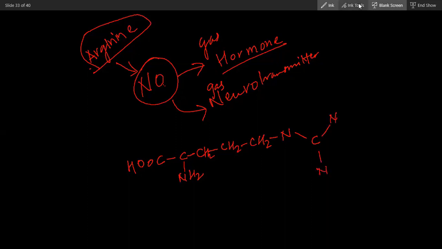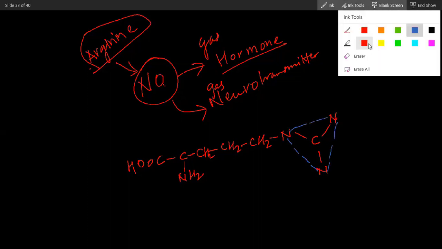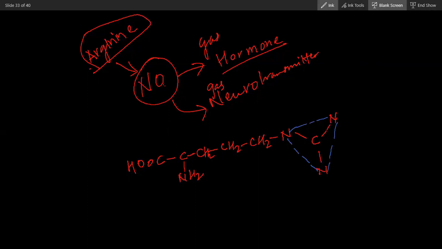And then what you do? You make a triangle. Don't you remember this? This is the guanidino group, and this whole molecule is arginine. And now nitric oxide is synthesized from this.